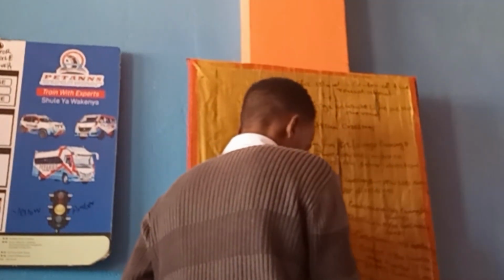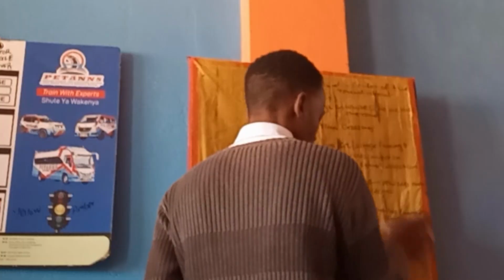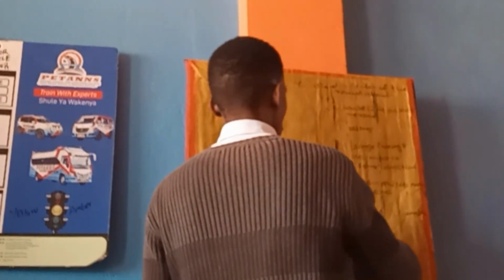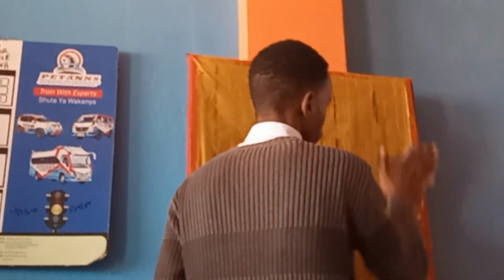So let's look into these parking types. We just look at the rules of angle parking and the rules for flash parking. Let's start with angle parking.